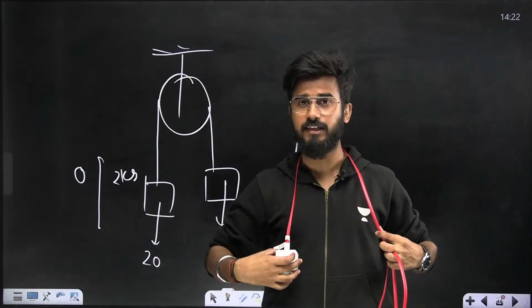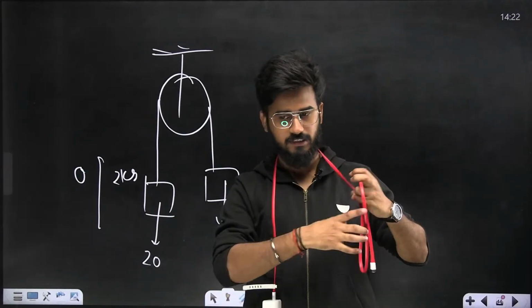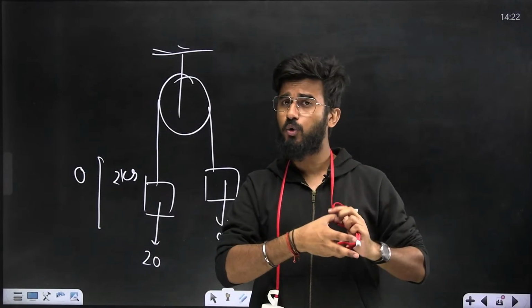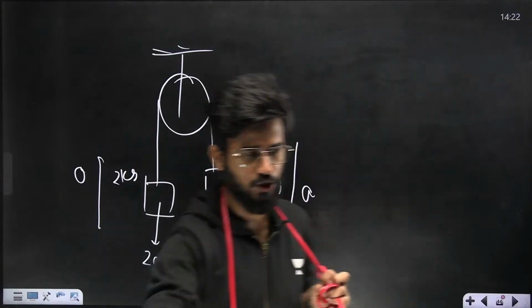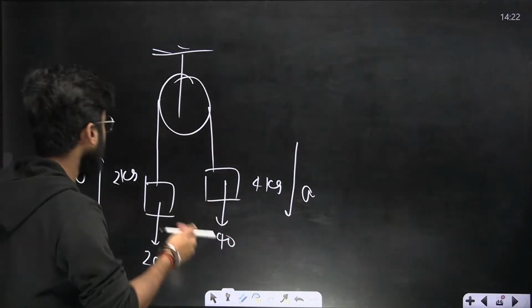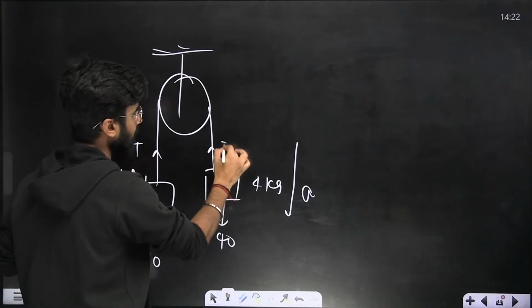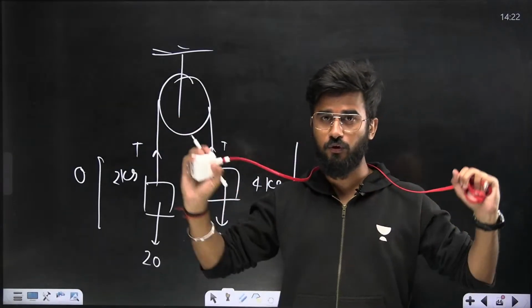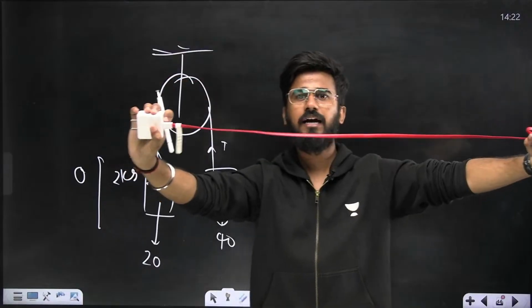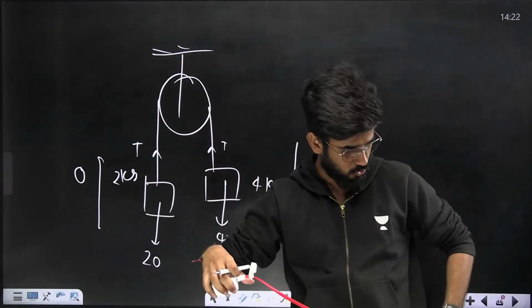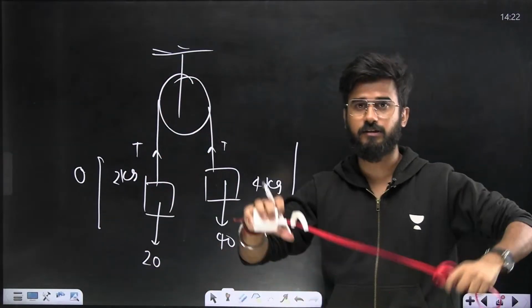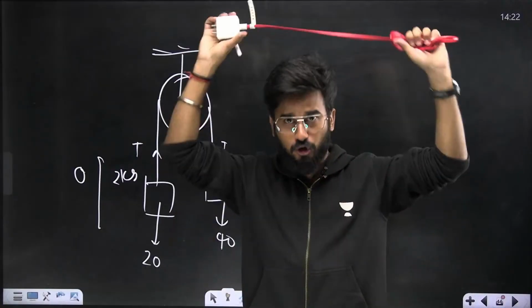Since this is going in this direction and this in that direction, it means one is going upwards and one is going downwards. But look at the tension first of all. What is the direction of tension? Here the tension is T, here also T. Now if we remove the system like this, it was like this and I have now removed it.